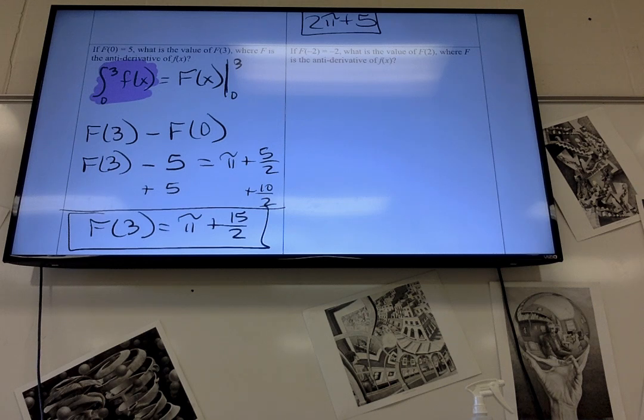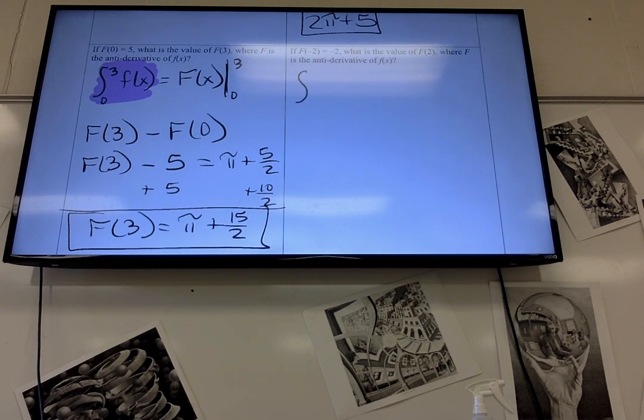It's given to us that big F of negative 2 equals negative 2. What's the value of big F of 2? So how are we going to start that off? It is going to be F of negative 2 minus F of 2.